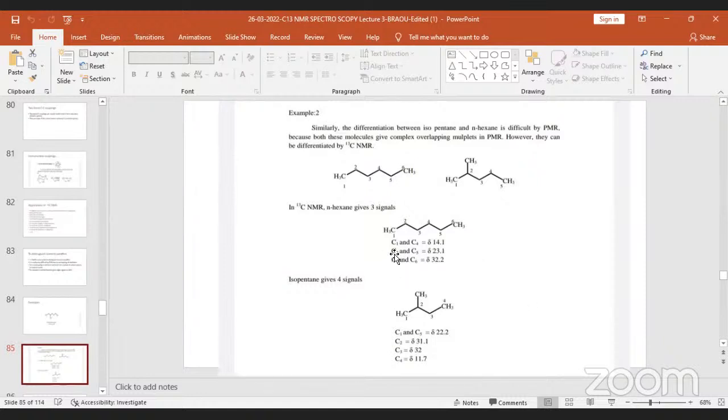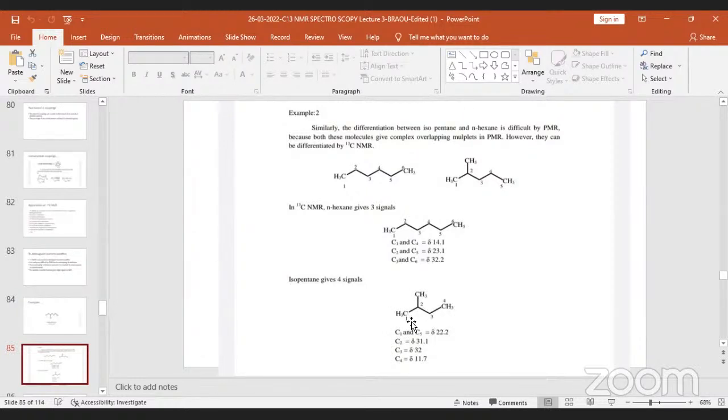They may give a problem like this: n-pentane and isopentane. What is the formula? C5H12, isn't it?